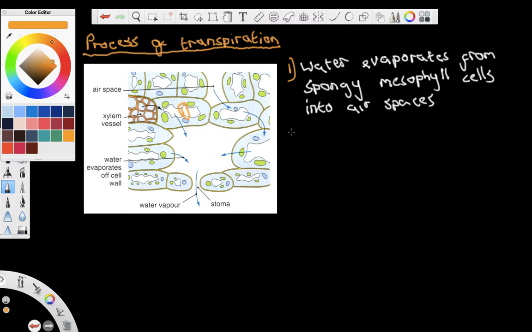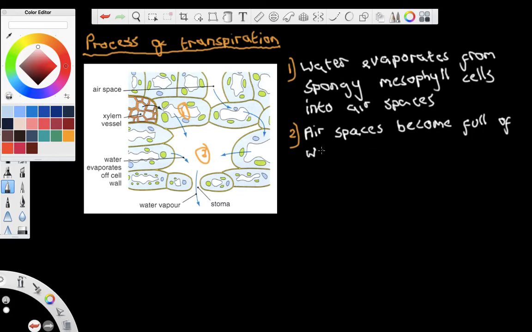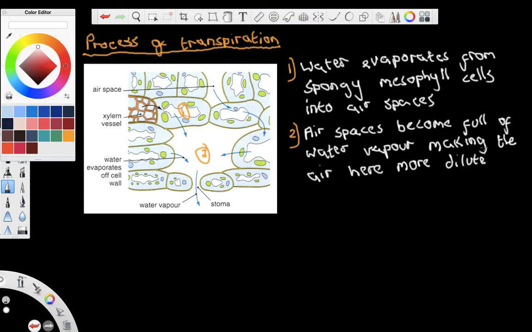The second step is that the air spaces become full of water vapour, making the air here more dilute.